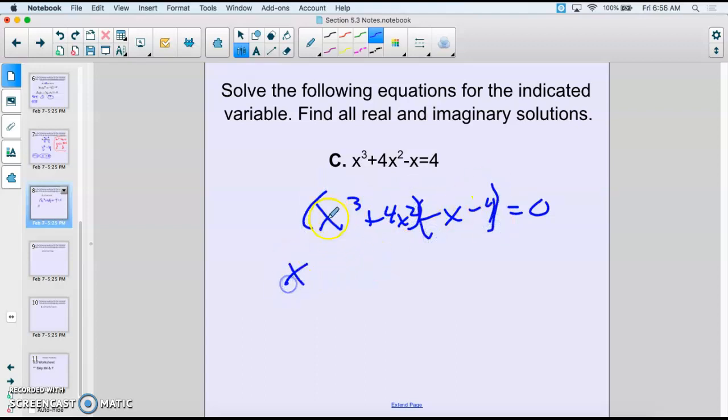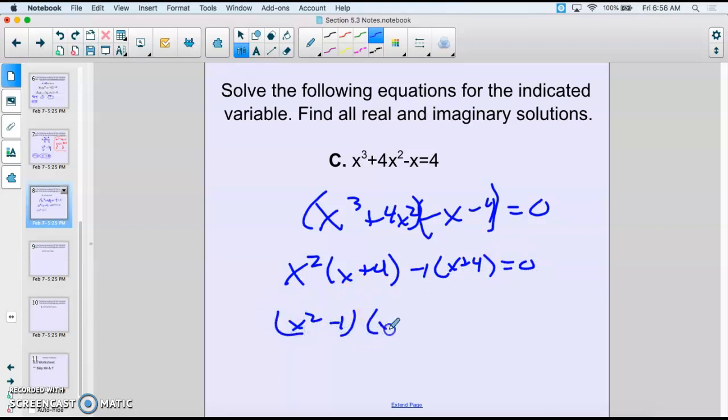Okay, take out from this first term an x squared and get x plus 4. From this term, I'm going to take out a negative 1 and get x plus 4. Okay, group them, x squared minus 1 and x plus 4. Now I need to realize I have x squared minus a perfect square.